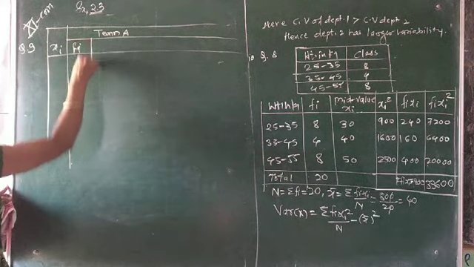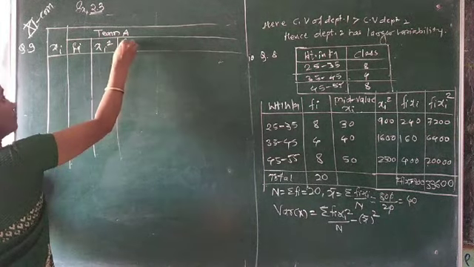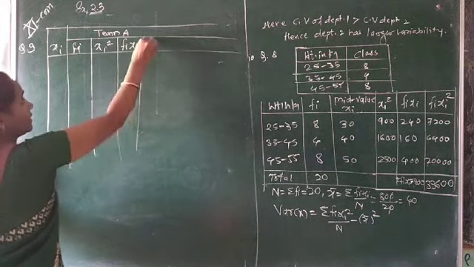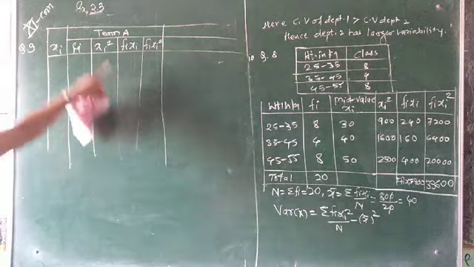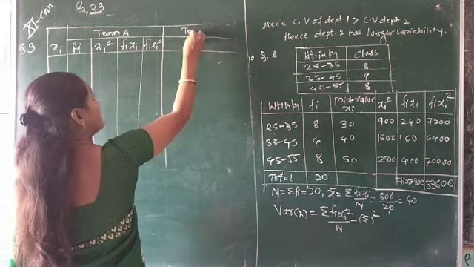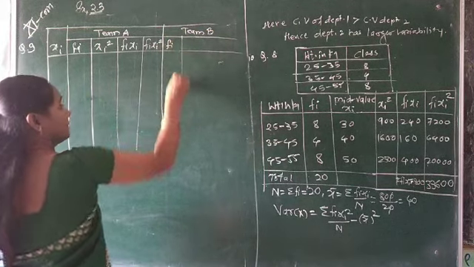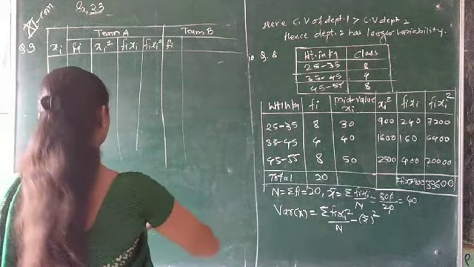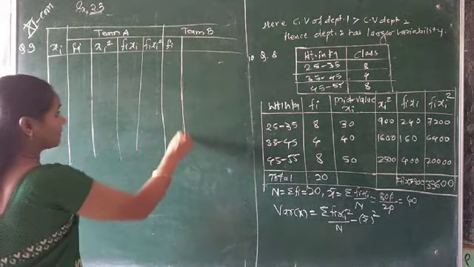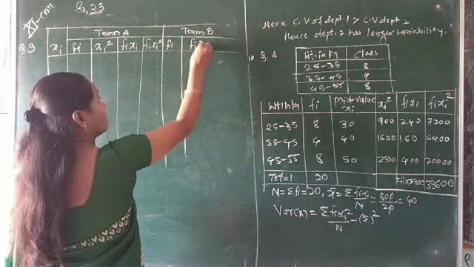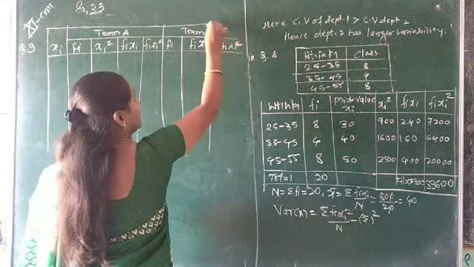Next fi, then second column is xi square, then fi xi, and next one fi xi square. This is for only team A. Now for team B, again fi for team B. Again xi square is fixed for both the teams, then fi xi and fi xi square.